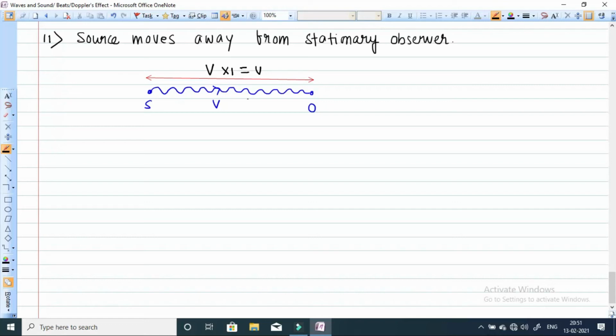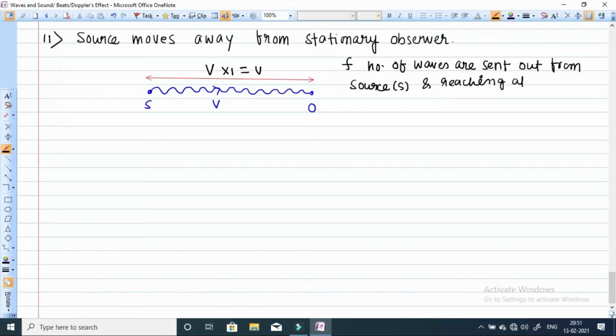So f number of waves are sent out from source S and reach the observer O in 1 second.